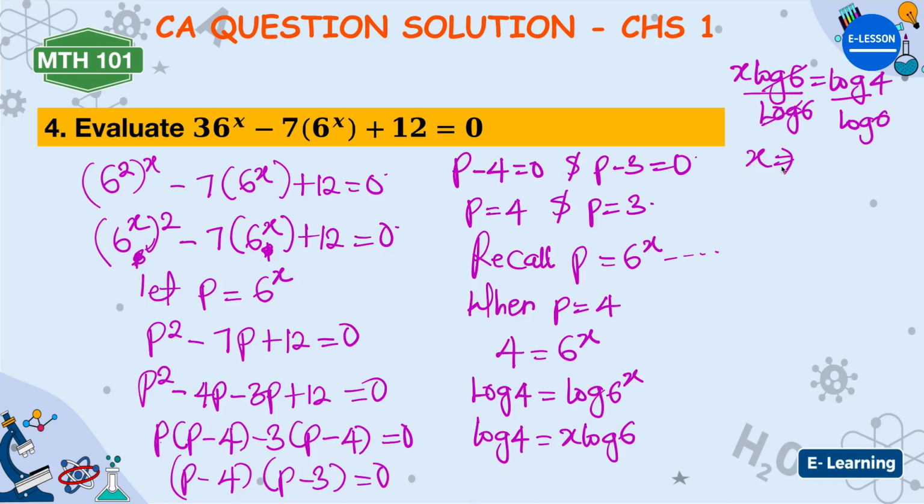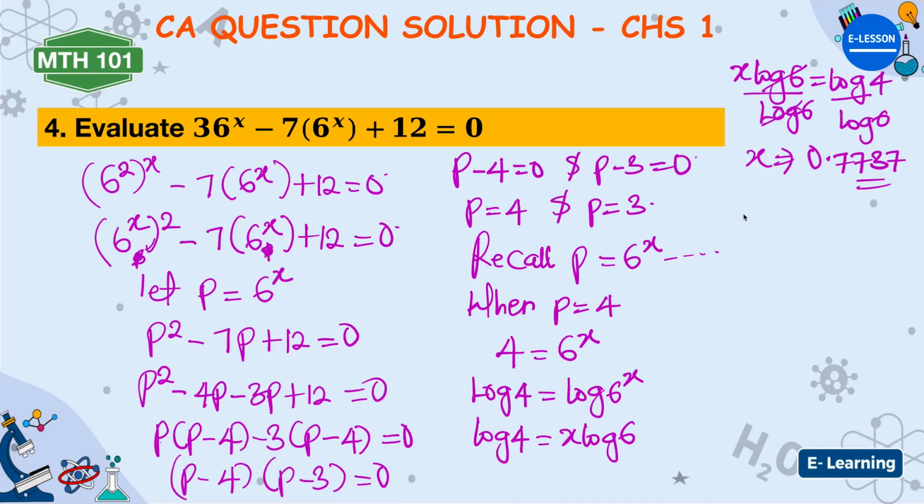Let me press. Log 4, log 6, 0.7737. So that is the answer to your x for the first one.